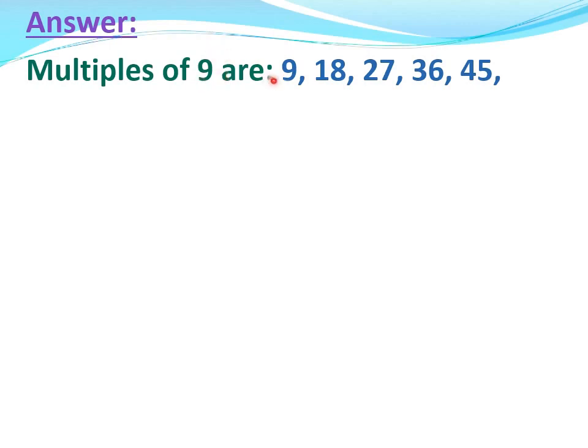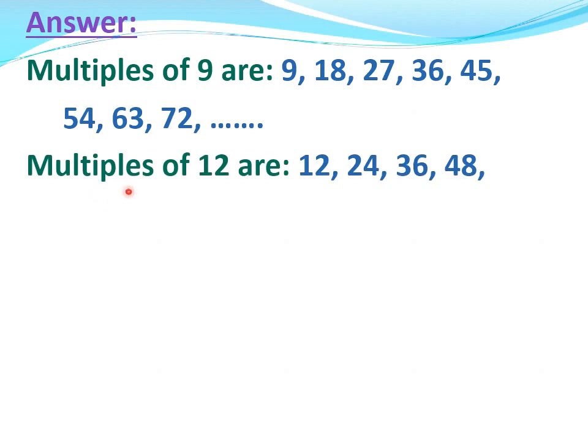See, 9, 18, 27, 36, 45, 54, 63, 72 and so on. Similarly, write multiples of 12. We have to write table of 12. See, 12, 24, 36, 48, 60, 72, 84 and so on.